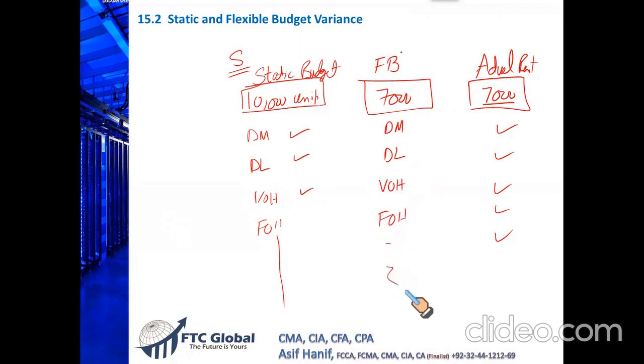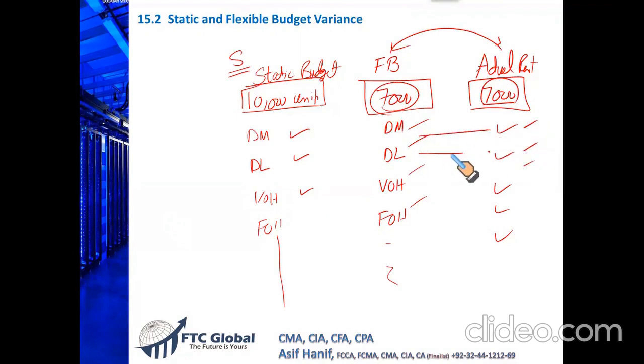Now this makes perfect sense, because you're comparing the right things. If you produce 7,000 units, this should be the cost, and as per the actual 7,000 units, this is the actual cost. Now make a line by line comparison. This is much more meaningful and beneficial for performance evaluation and cost controlling purposes.